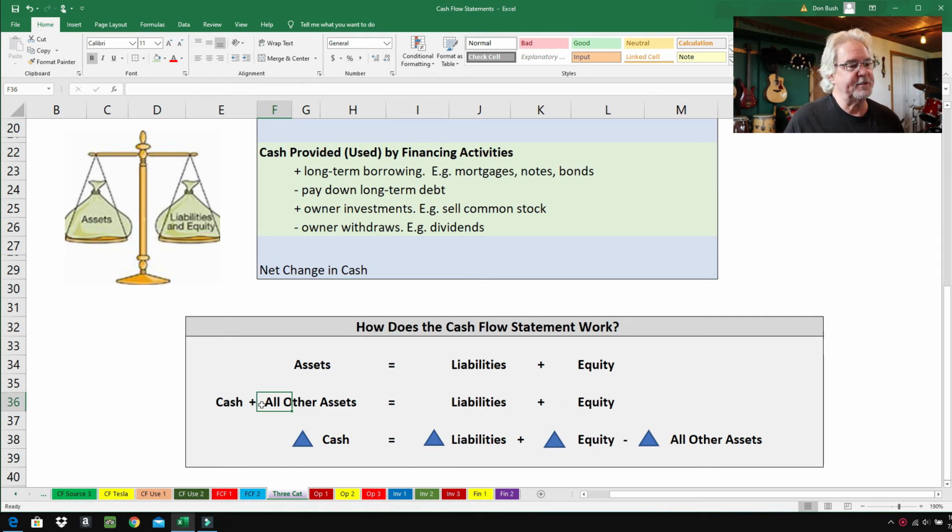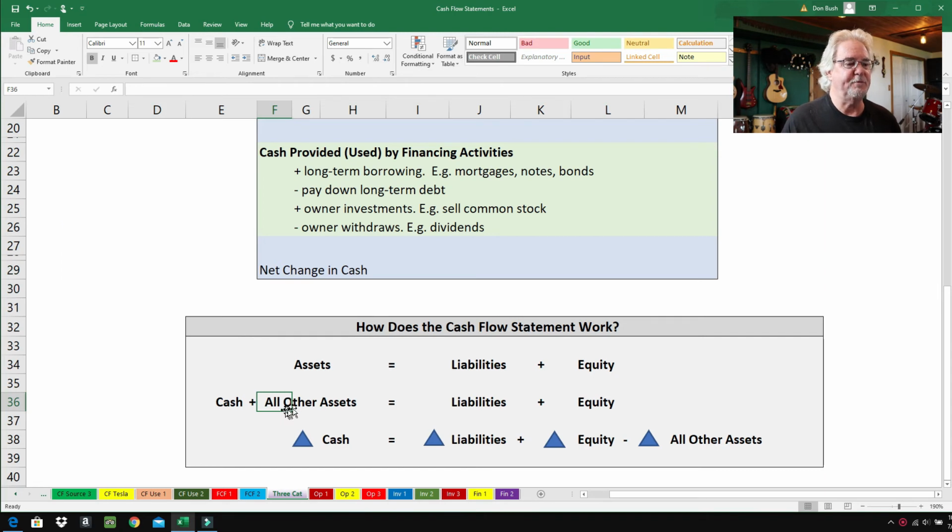Now what we're going to do is take these all other assets and move them to the other side. So to do that, we've got to subtract all other assets from both sides. And that's why we have down here in the next line, minus all other assets. So we have to subtract them to make this work. And then finally, in this bottom line, I've got these triangles. So what do these triangles mean?